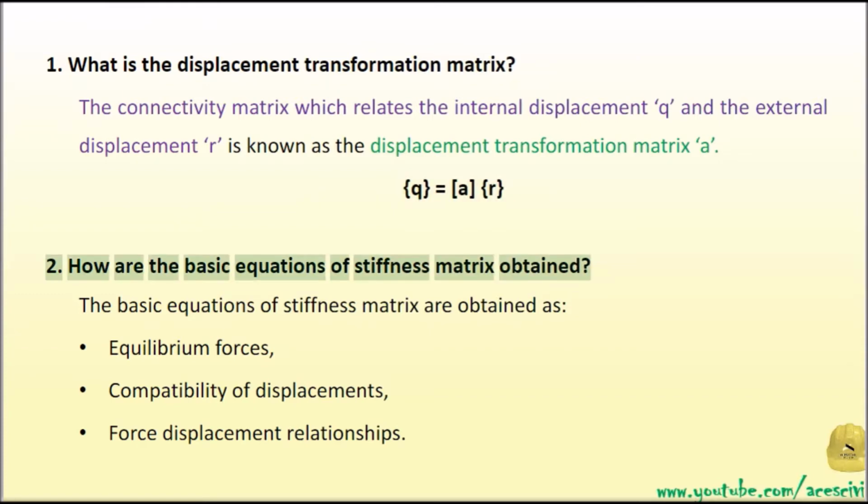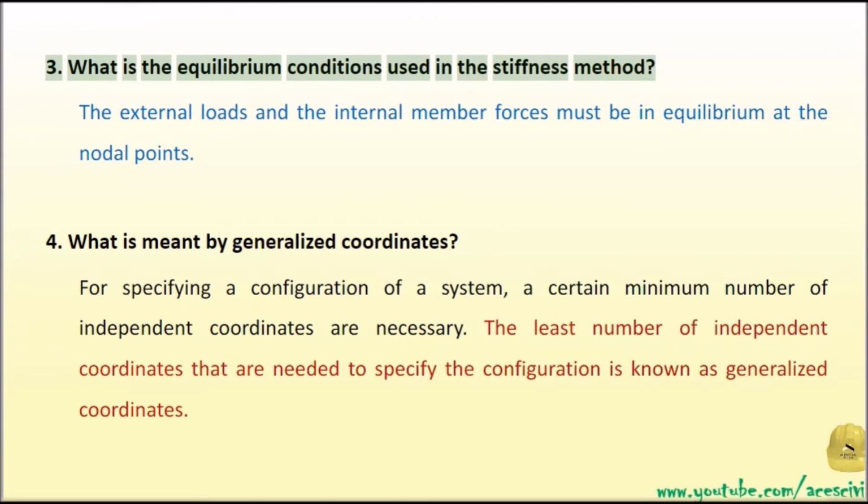2. How are the basic equations of the stiffness matrix obtained? The basic equations of the stiffness matrix are obtained as equilibrium of forces, compatibility of displacements, and force-displacement relationships. 3.